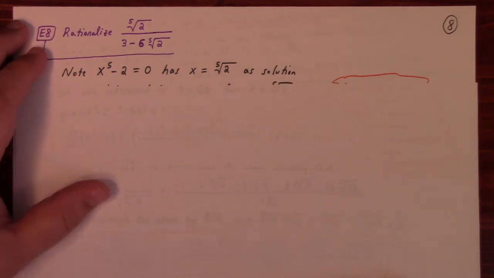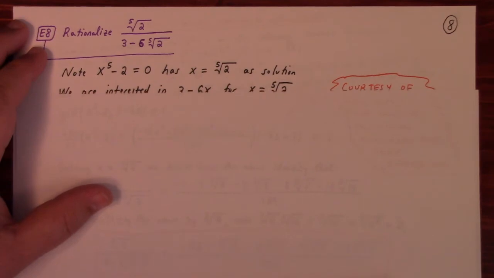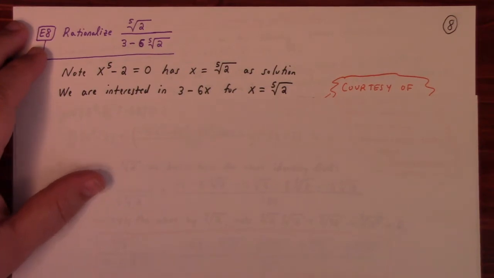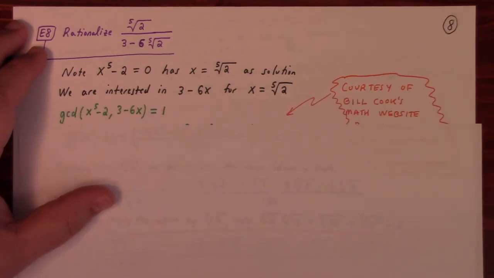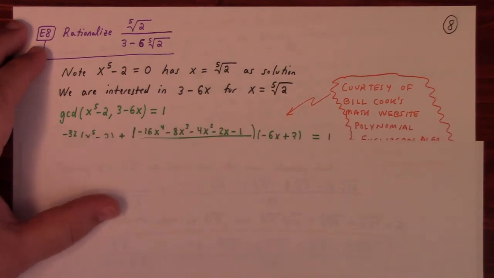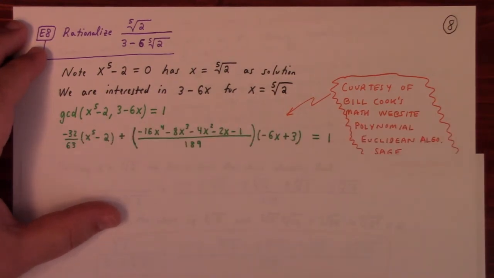And I'm after 3 minus 6 times the fifth root, so that's going to be 3 minus 6x, the polynomial that I want to divide into x to the fifth minus 2. And the GCD of x to the fifth minus 2 and 3 minus 6x is 1. And courtesy of Bill Cook's math website, magic.